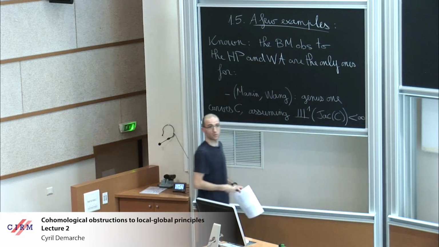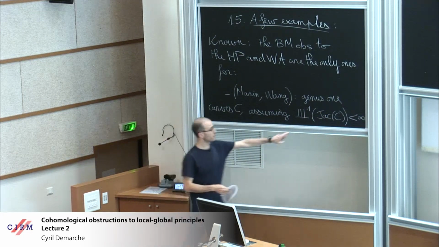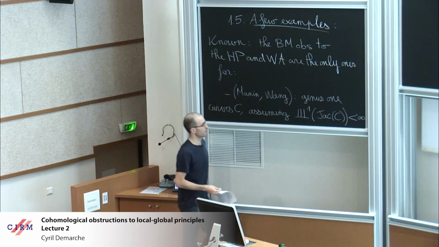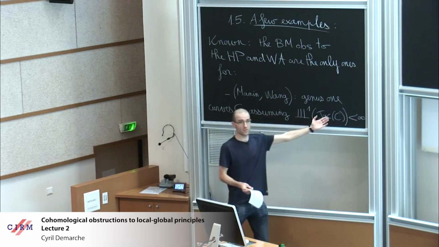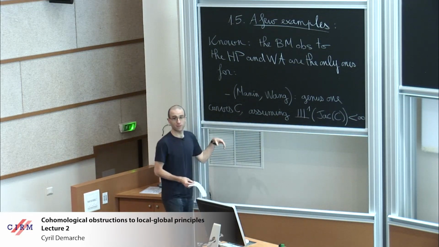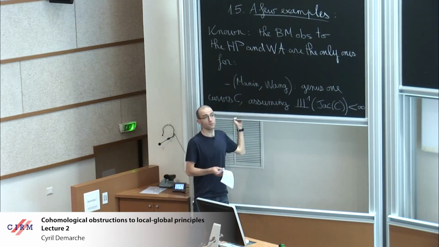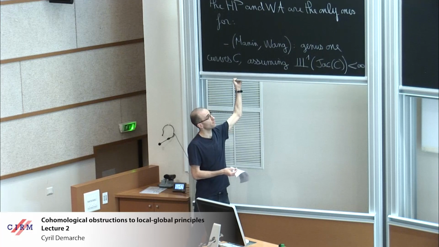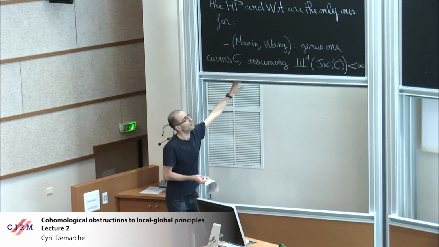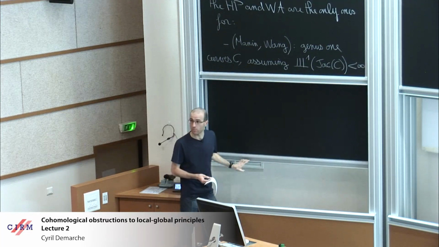Of course this is not known in general. So this is an elliptic curve, and if the Tate-Shafarevich group is finite, then you get the Hasse principle and the Brauer-Manin obstruction. The defect of Hasse principle and weak approximation are explained by the Brauer-Manin obstruction.